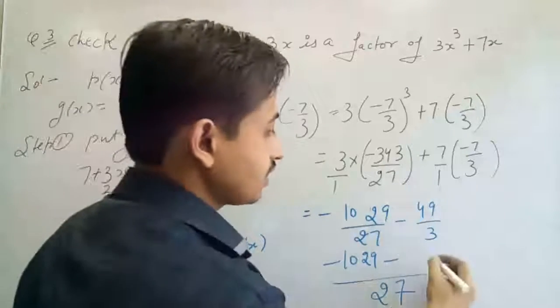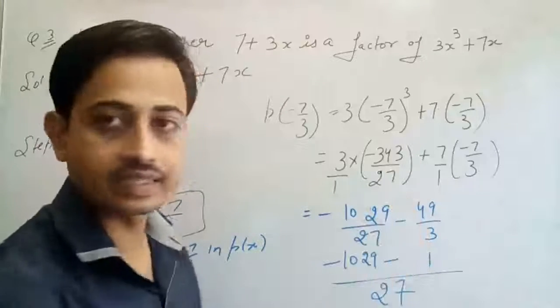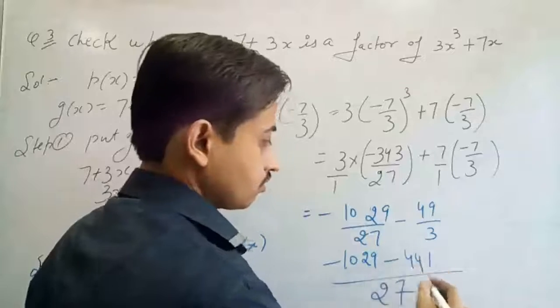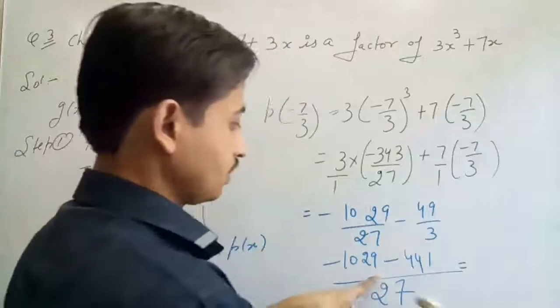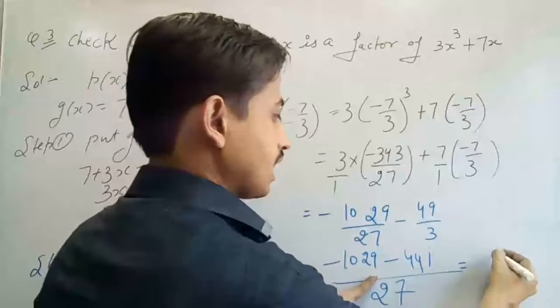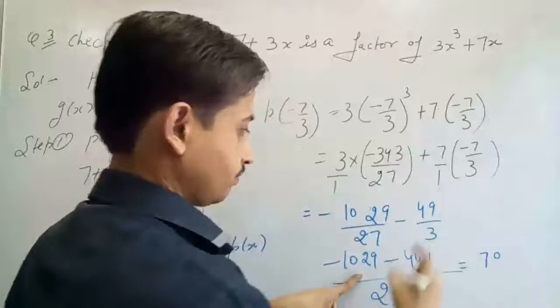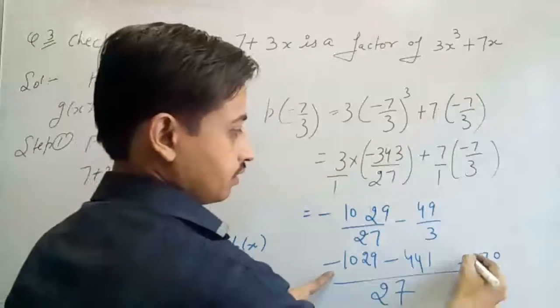9 nines are 81, carry 8. 9 fours are 36, 36 and 8, 44. Now you solve 9 and 1, 10, carry 1. 4 and 2, 6 or 1, 7. 4 and 1.